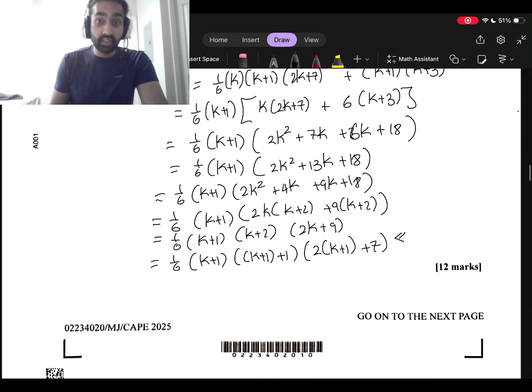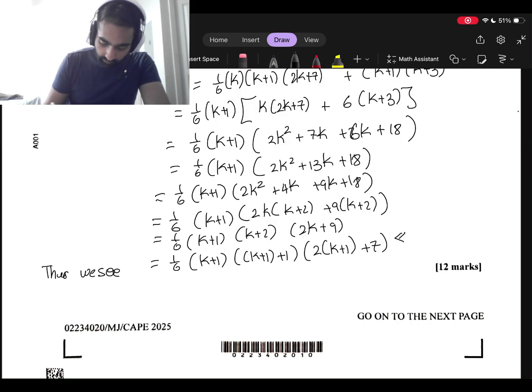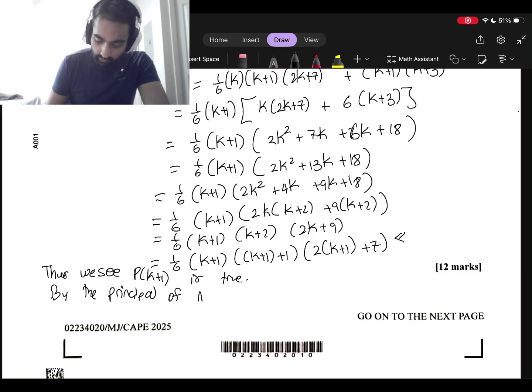So then the last thing is to conclude your proof. We'll say, thus, we see P of k plus 1 is true. And then by the principle of mathematical induction, P of n is true for all n.